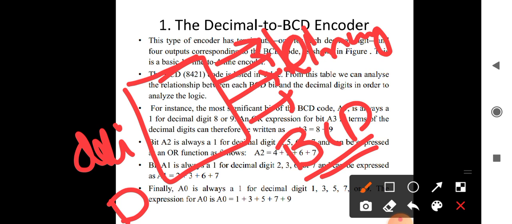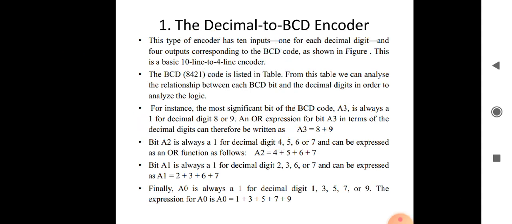That is the encoder. An encoder has 2 raised to n inputs and n outputs. We studied this in the previous class, and I just told you once again. Now we study the decimal to BCD encoder.